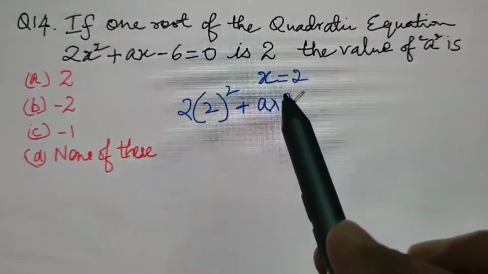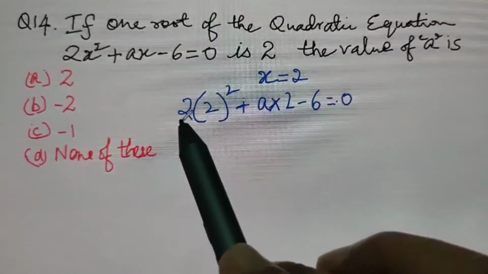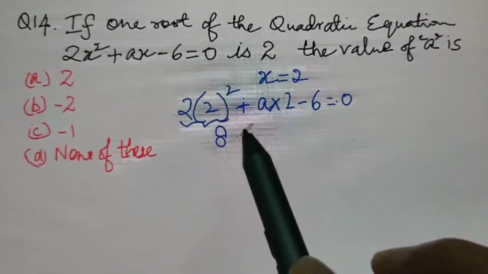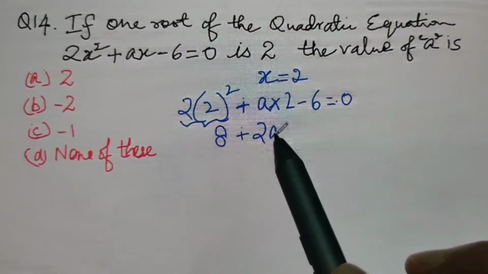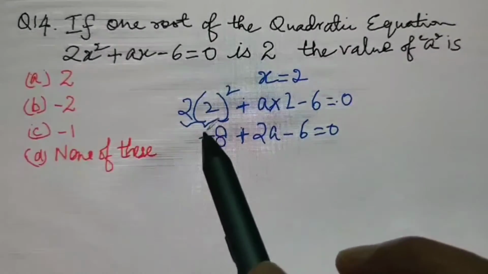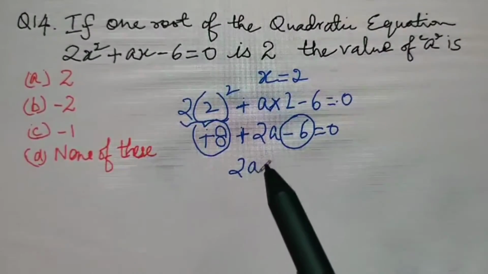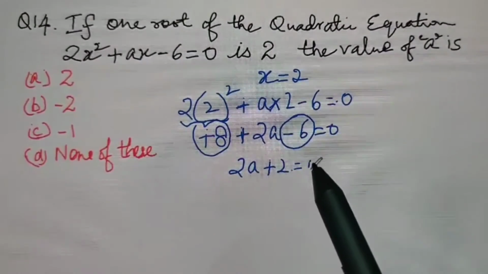So what do I get here? I get 8 plus 2a minus 6, which is equal to 0. So plus 8 and minus 6, what do I get? I get 2a plus 2, which is equal to 0.